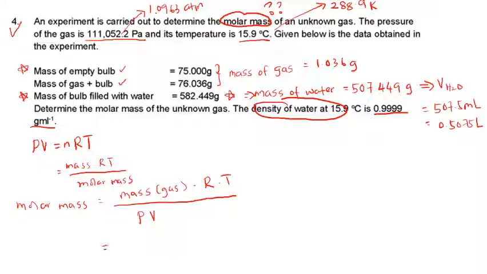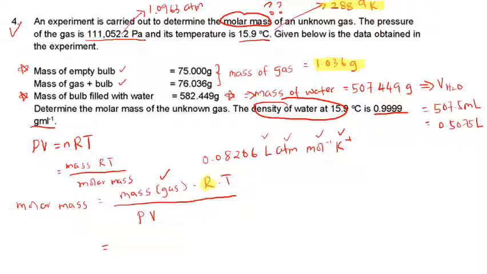The mass of the gas we already calculated, 1.036 gram, and the R value is a constant, which is 0.08206 liter atm per mole per Kelvin. If you look at all the parameters, we already converted to the units of liter, atm, mole, and Kelvin. The temperature given is 15.9 degrees Celsius, and we converted it to 288.9 Kelvin.